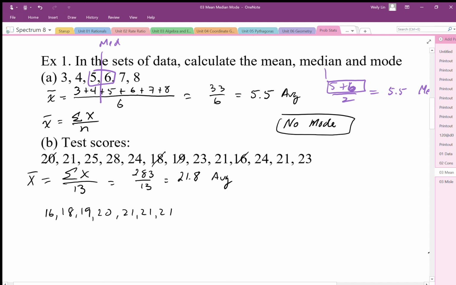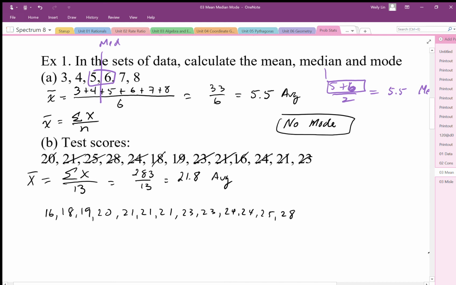Looks like we have three 21s. Then 22, no 22s. 23, 23. Two 24s: 24, 24. Then 25, and then 28. Okay, so that's all my scores. Let's count them up: 1, 2, 3, 4, 5, 6, 7, 8, 9, 10, 11, 12, 13.